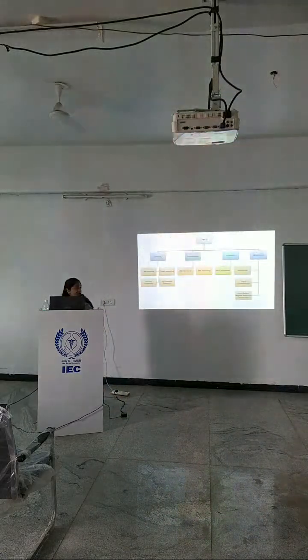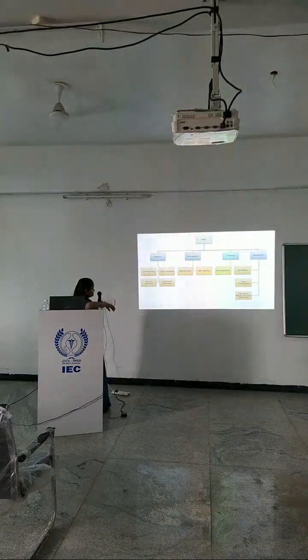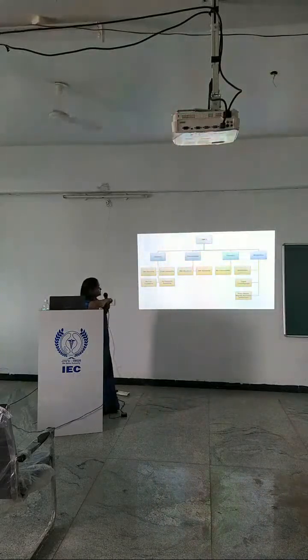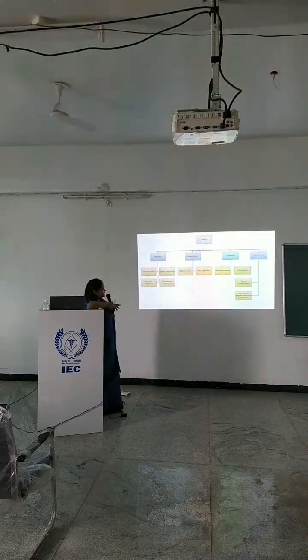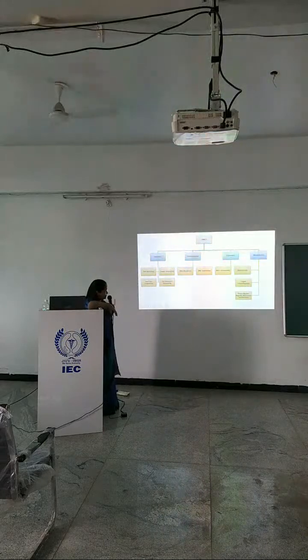Now there are some tools regarding omics technology. Genomics can be studied with DNA microarray. Standard sequencing is the first generation sequencing, then next generation sequencing, and third generation sequencing. Then transcriptomics: RNA is studied through RNA microarrays and RNA sequencing.